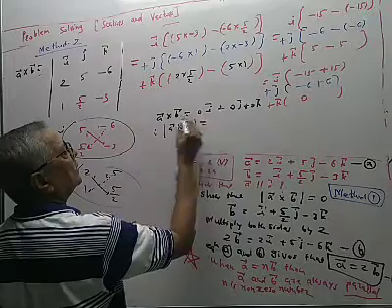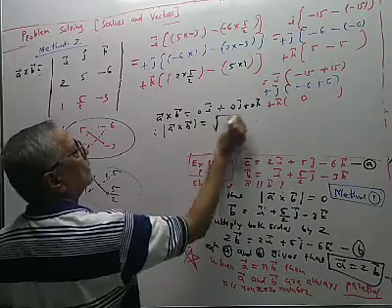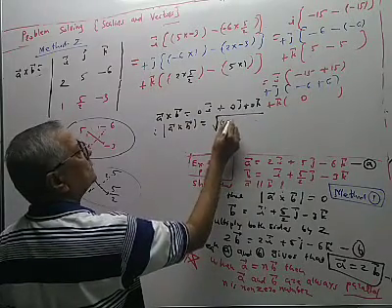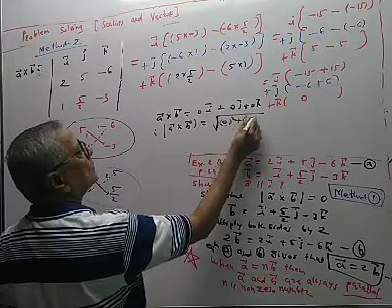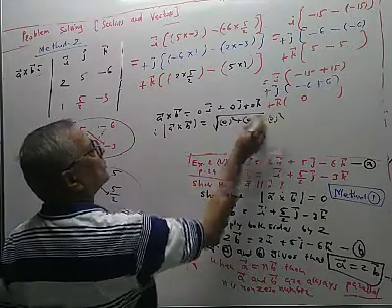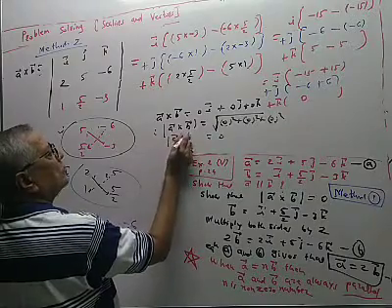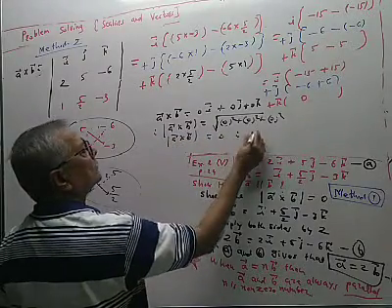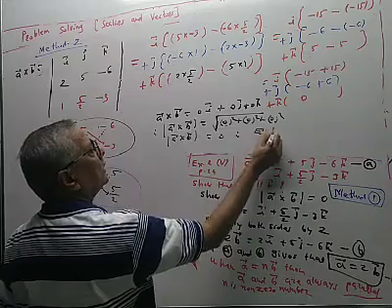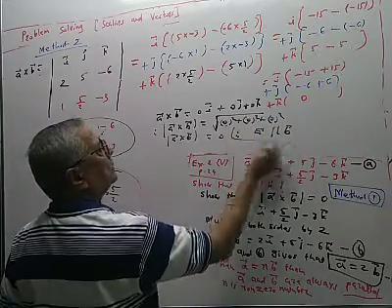So magnitude of A cross B is equal to under root of 0 square plus 0 square plus 0 square, so that is equal to 0. So A cross B has magnitude 0, and therefore vector A is parallel to vector B.